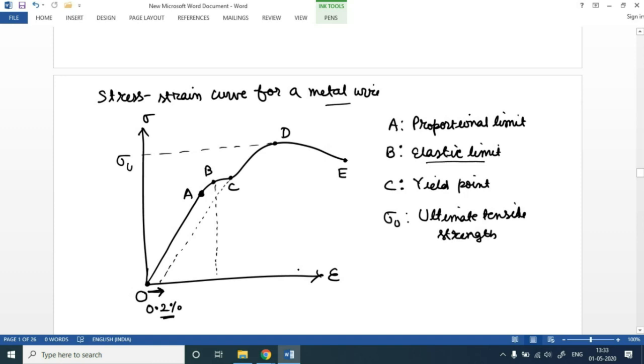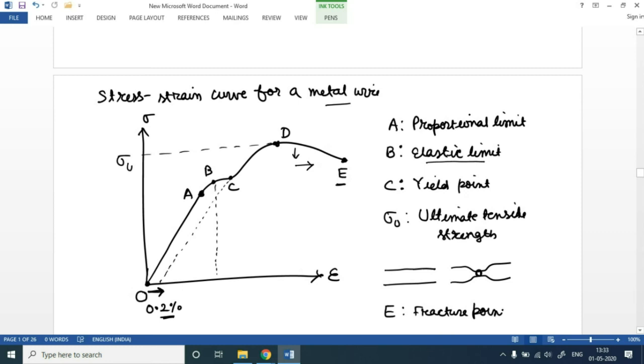But if strain is increased beyond point D, stress starts decreasing. Beyond point D, necking also starts. Necking means the wire was previously like this and it was elongated, and now it will start forming a neck. Its cross sectional area at some point will start decreasing, and ultimately, if you keep on increasing the strain, it will fracture or break at point E. So E is basically the fracture point.